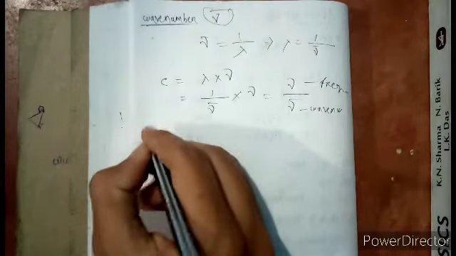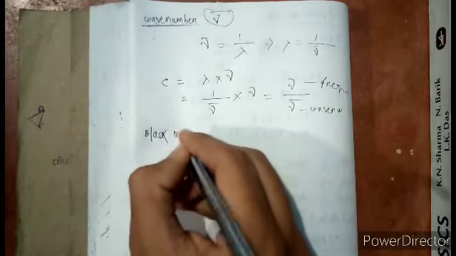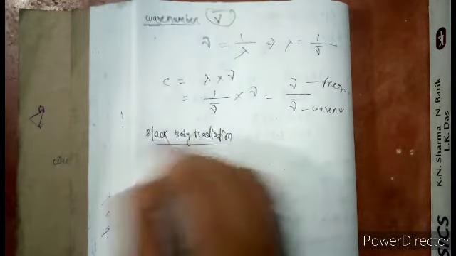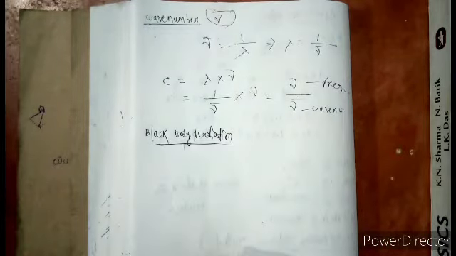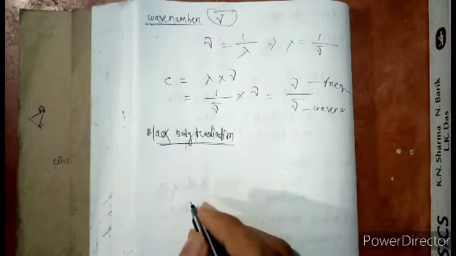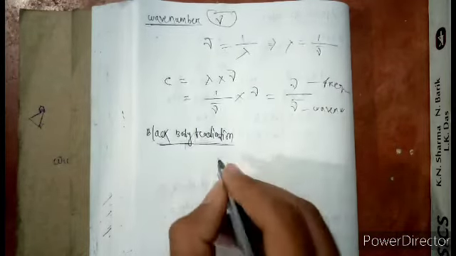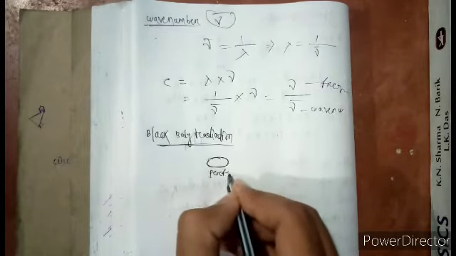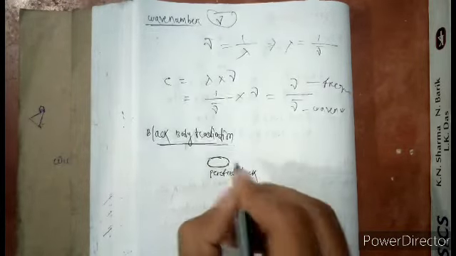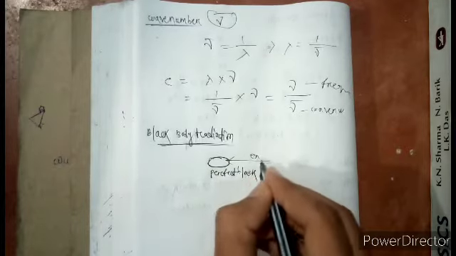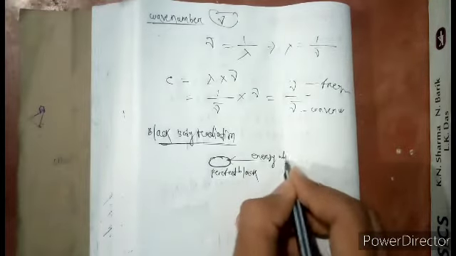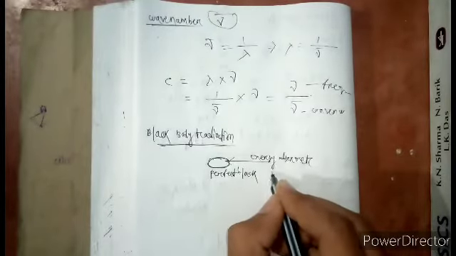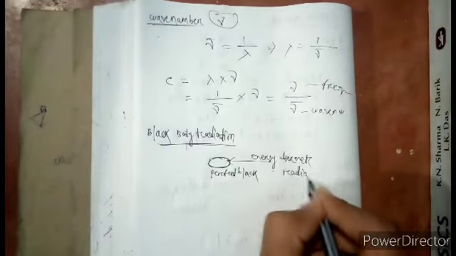Then come to black body radiation. What is black body radiation? A perfect black body is a good energy absorber and a good energy radiator.